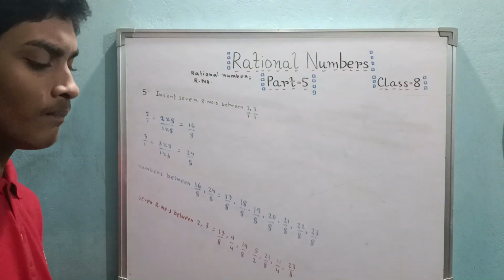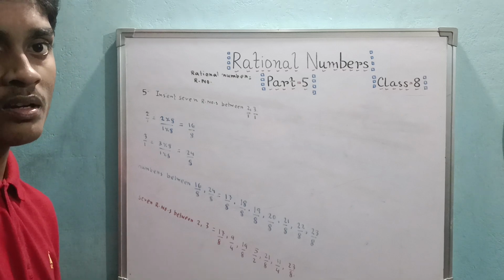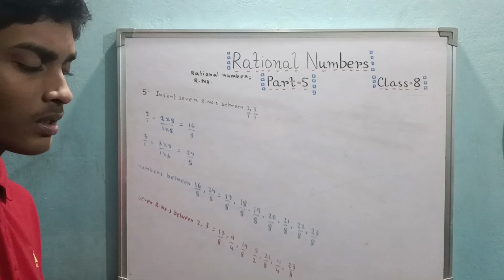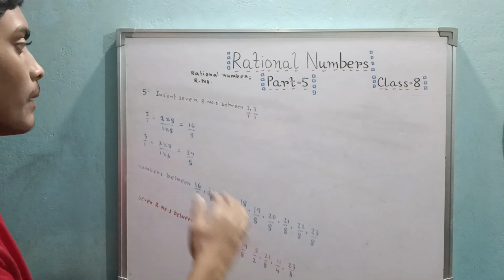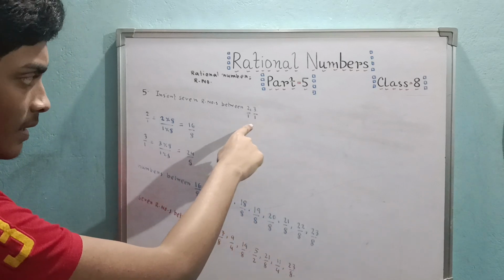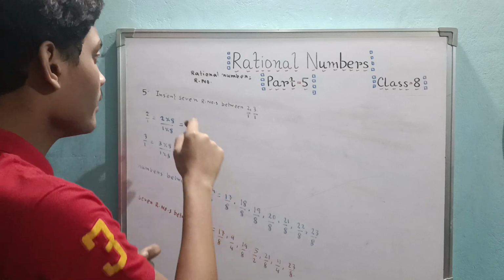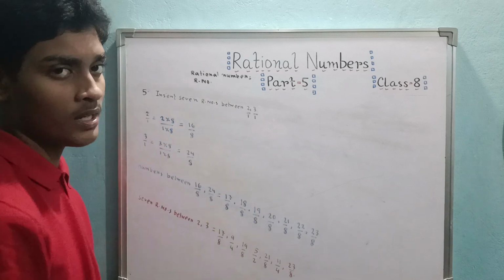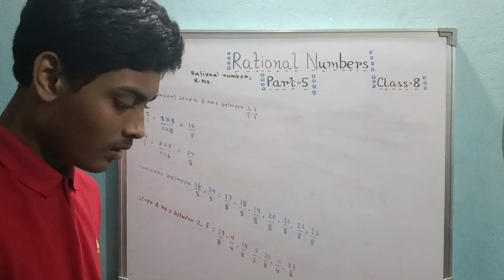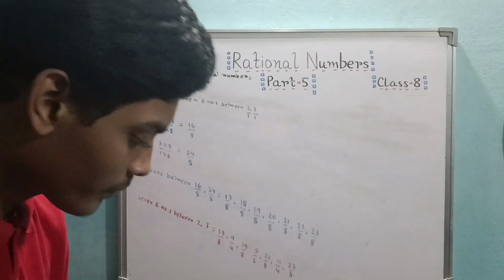And today we learned number lines and how to insert rational numbers between two rational numbers using the arithmetic mean or average method, and multiplying the denominator and numerator of the rational numbers if the denominators are same, by one more than the required rational numbers to be inserted, and then getting the accurate answers. So this is all from rational numbers class 8 and part 5 as well.